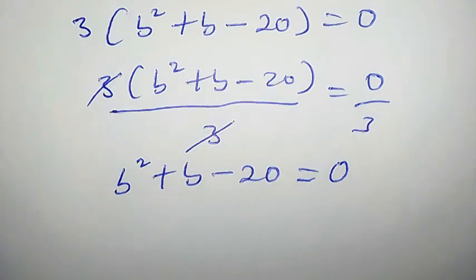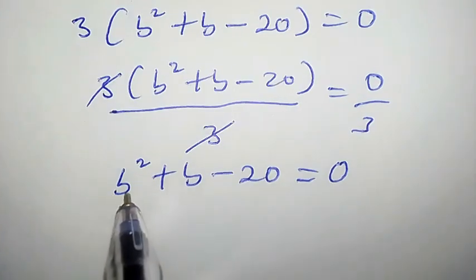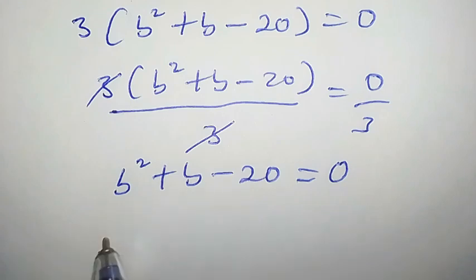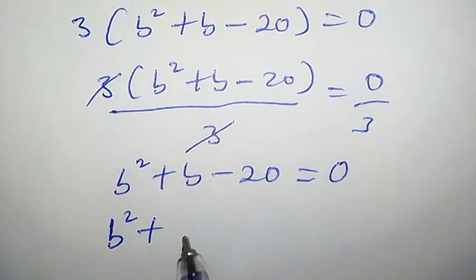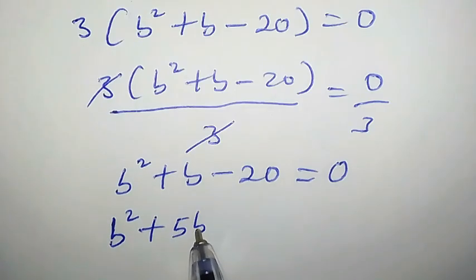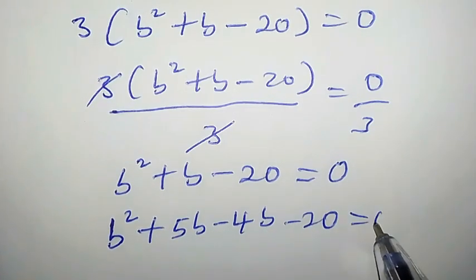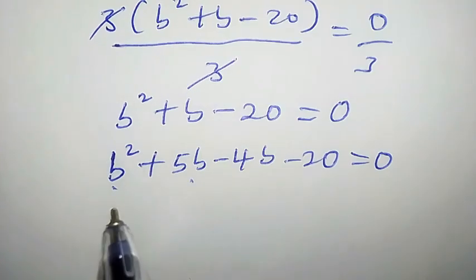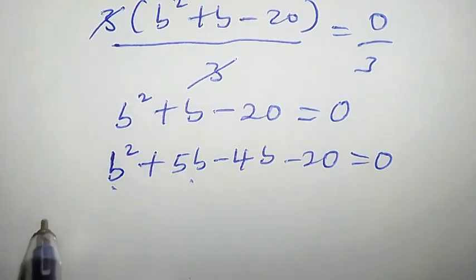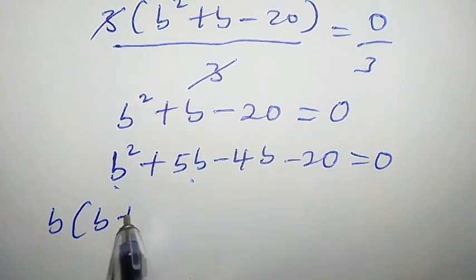You will observe that this quadratic equation is factorizable. We have b to the power of 2 plus, we can write b as 5b minus 4b, minus 20 equal to 0. b is the common term here. If we factor it out, we have b into b plus 5.